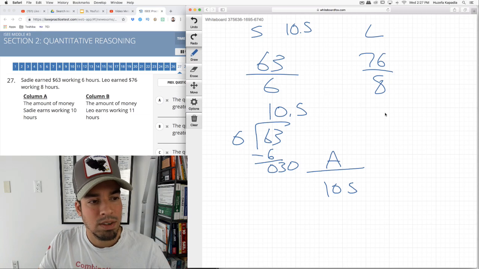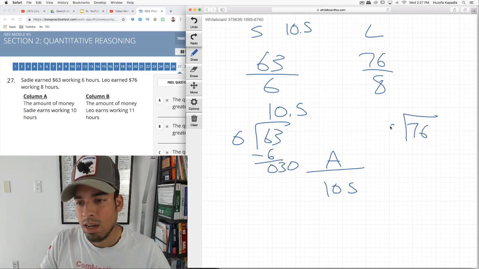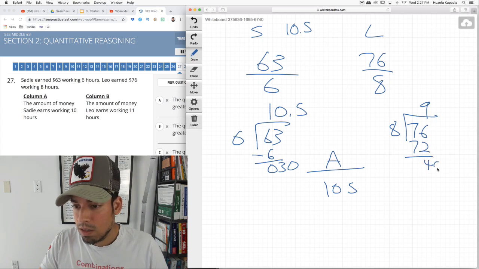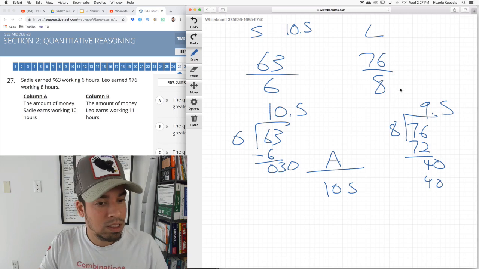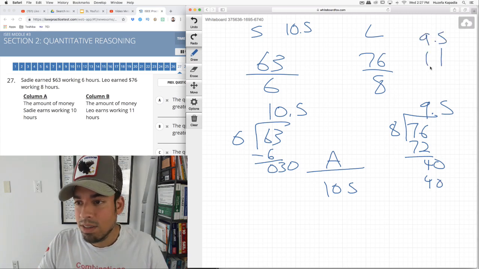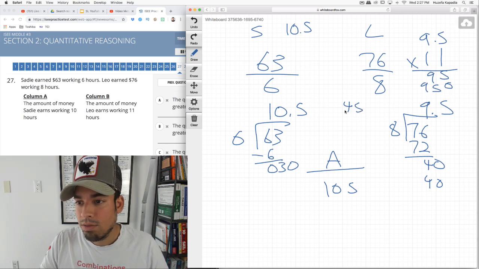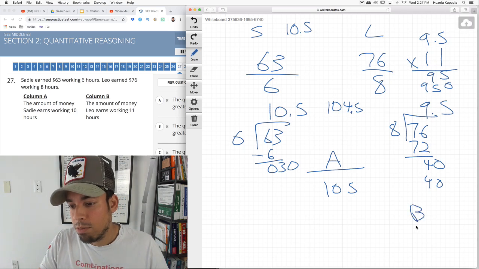So Leo makes 76 in 8 hours. 8 goes into 76, 9.5. So he makes $9.50 times 11, which is 5, 14 carry the 1, 10, move the decimal over once, 104.5 for B. So A is bigger.